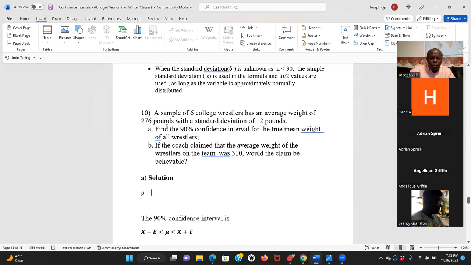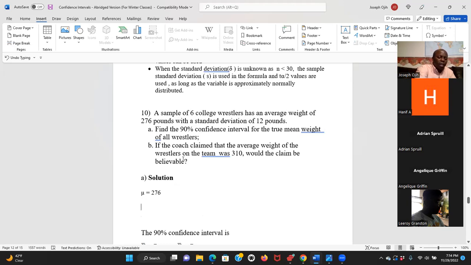The average weight is 276 pounds. A sample of 6 college wrestlers has an average weight of 276 pounds. And the standard deviation is 12 pounds. Now, this standard deviation is not for the population. They just say the standard deviation for these 6 wrestlers, not for the population.